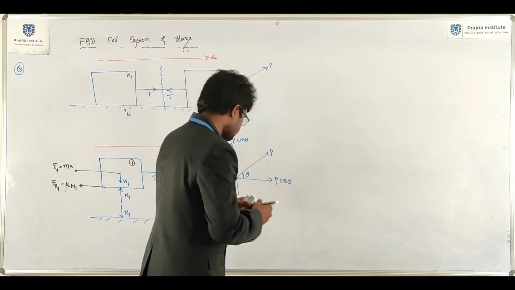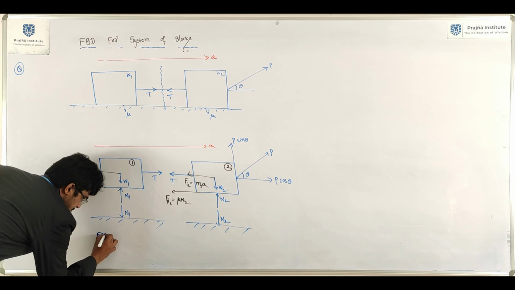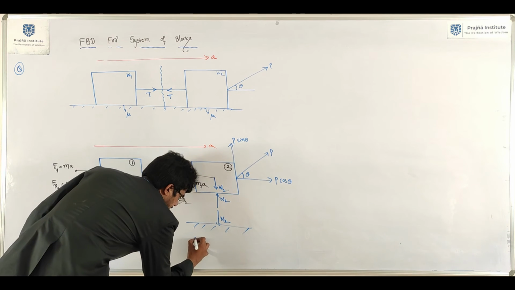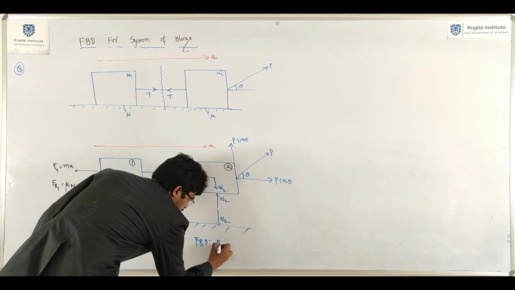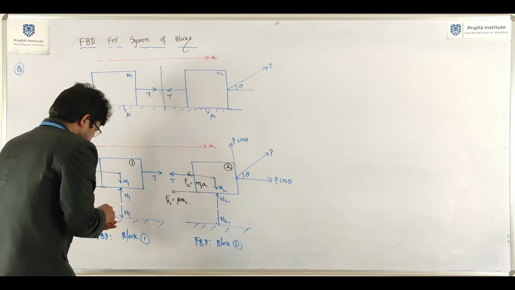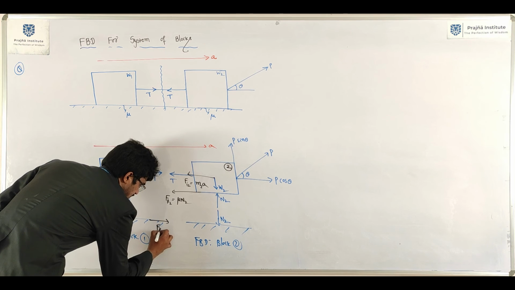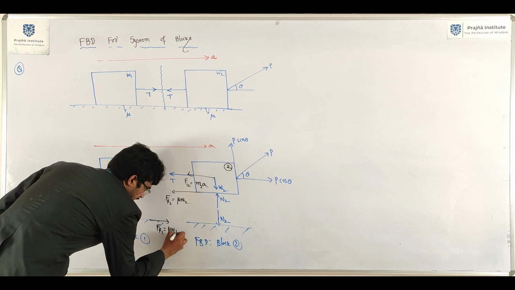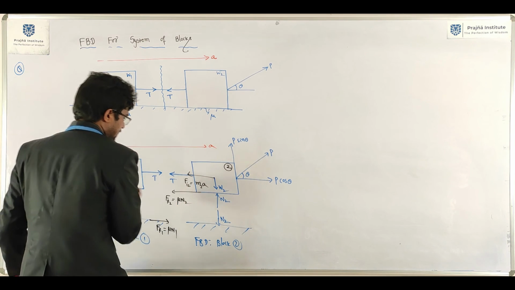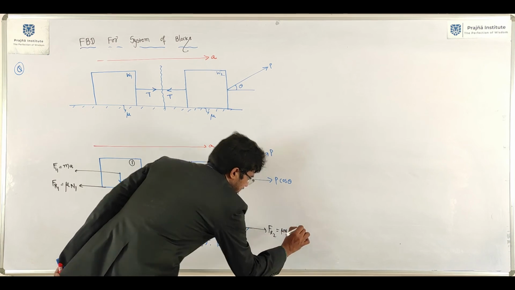So from FBD block 1, FBD block 2, here the relative frictional resistance Fr1 is equal to mu N1. Fr2 equals mu N2.